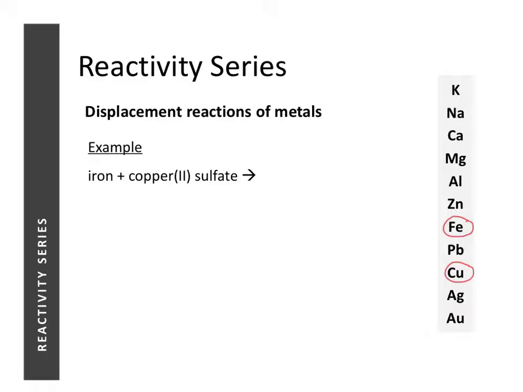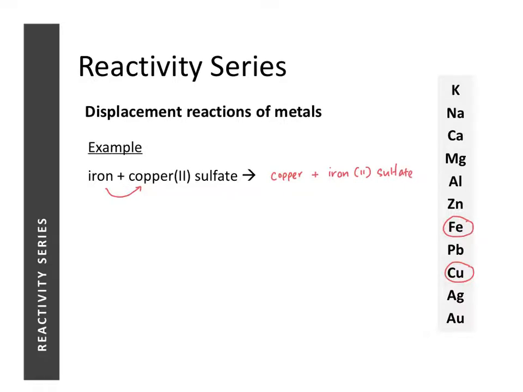From the reactivity series we can see that iron is more reactive than copper. So when you put iron into a copper salt, iron is going to displace copper from its salt to form copper metal, and iron will take the place of copper in the salt, so it will form iron 2 sulfate.